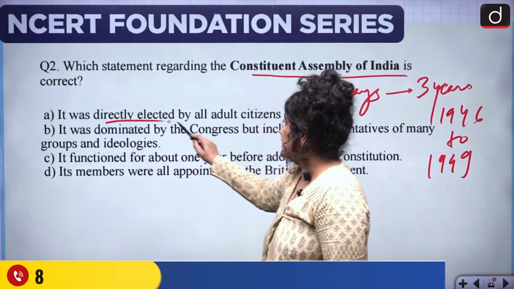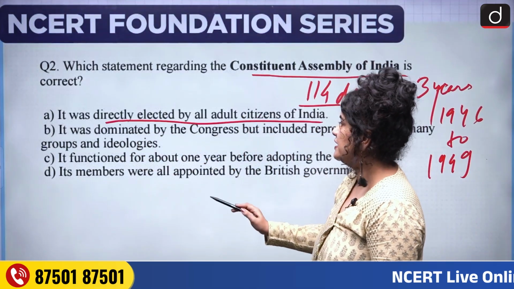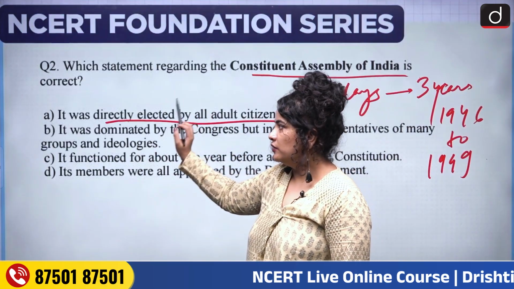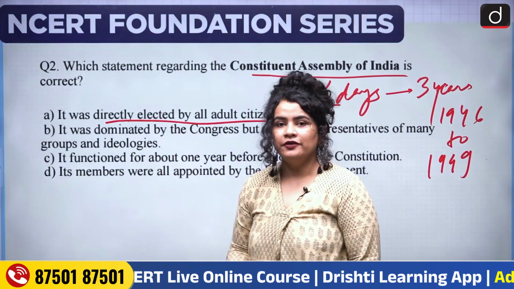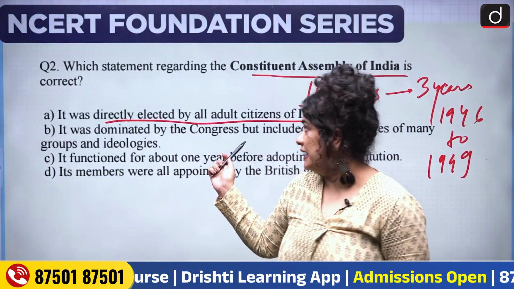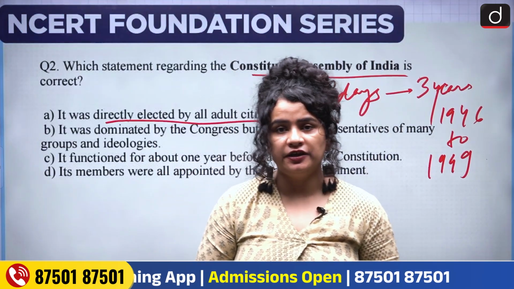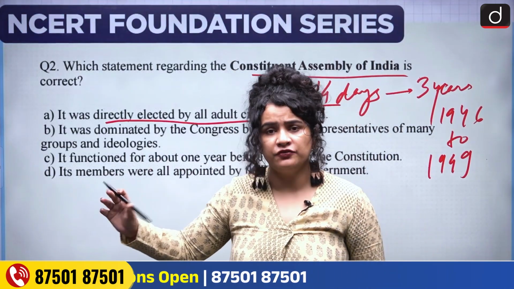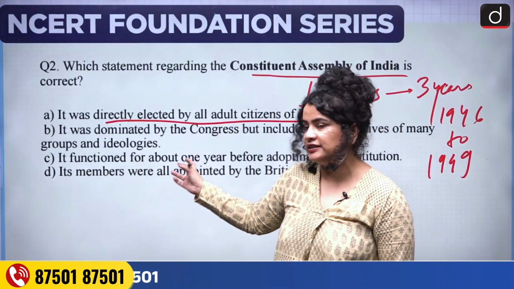It was directly elected by all adult citizens of India. Right off the bat, could it have been directly elected by all adult citizens of India? Do you think there was universal adult franchise back then in 1946?